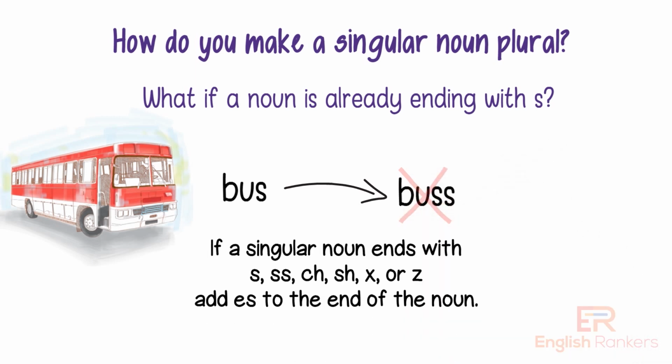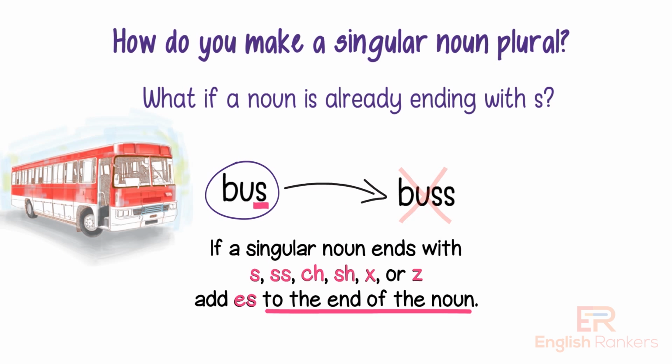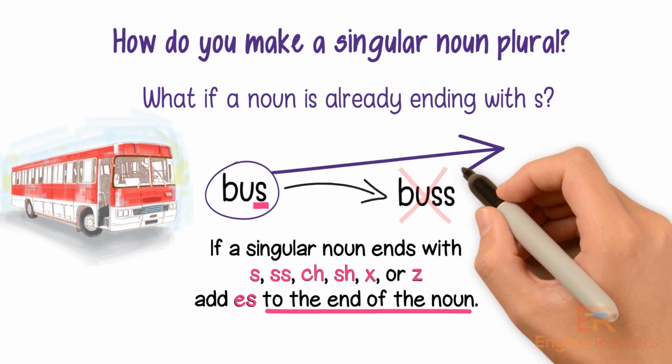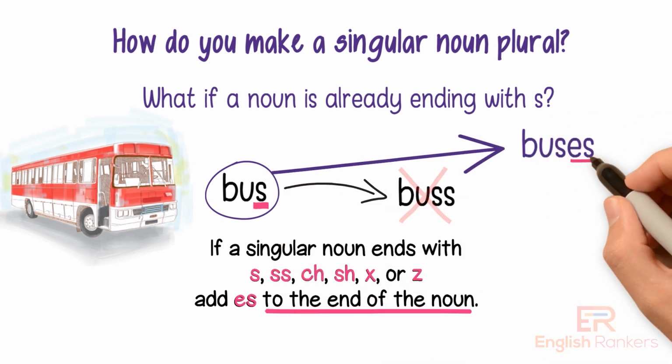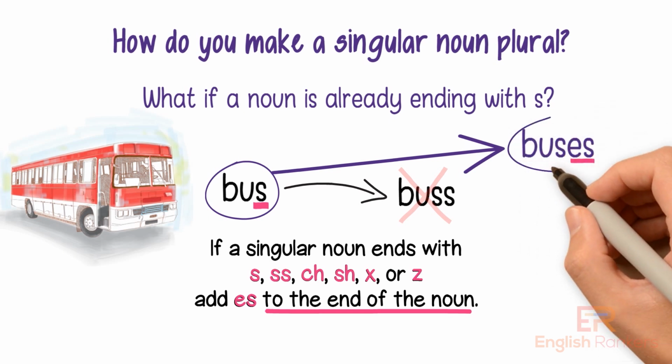If a singular noun ends with S, SS, CH, SH, X or Z, add ES to the end of the noun. Here, bus is ending with S, so we can add ES at the end of the bus to make it plural. So bus will be written as buses.